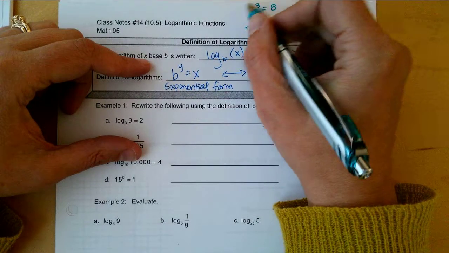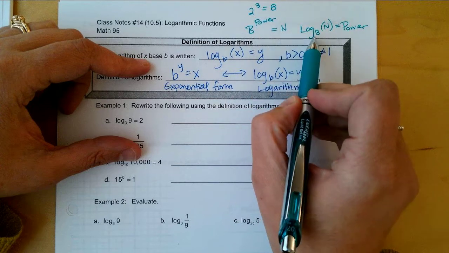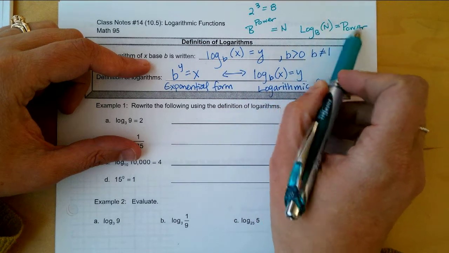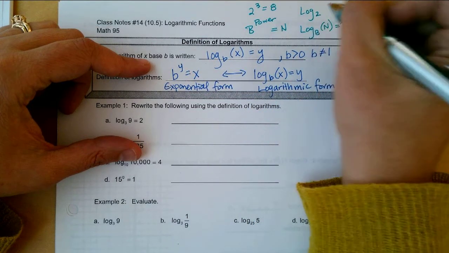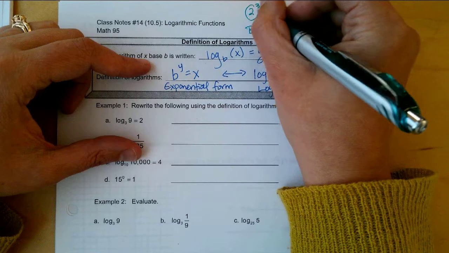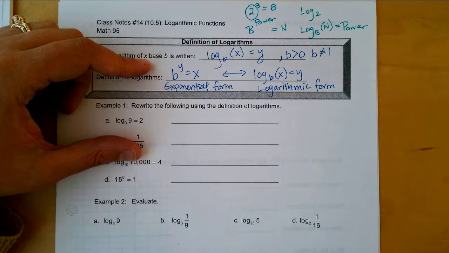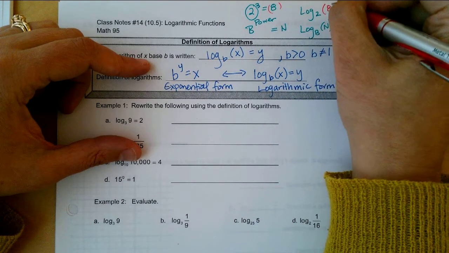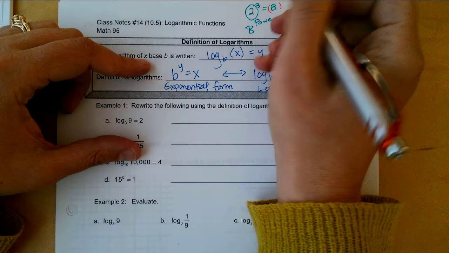So for this example, if I was going to write this exponential equation in logarithmic form, I would say log base 2, because that was the base, of a number, and the number is 8, is equal to the power.